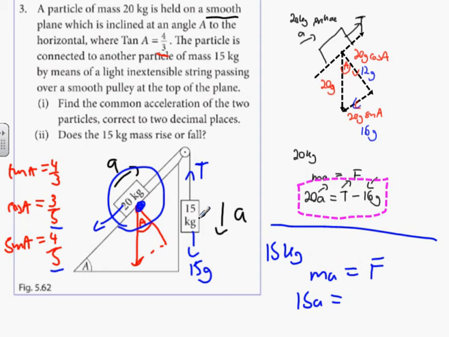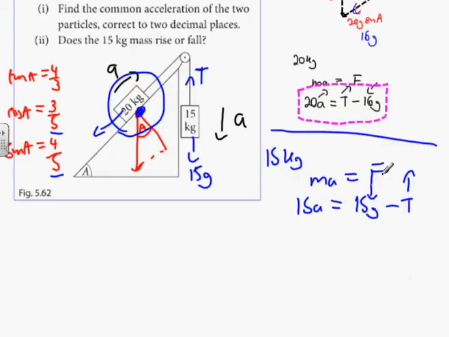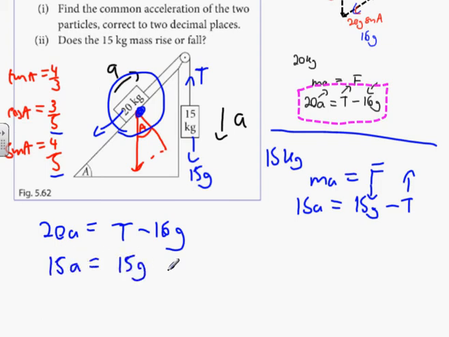Its F is going downwards, so it's 15g going downwards minus T going upwards. Okay, so now we have our two equations. You have 20a equals T minus 16g, and we have 15a equals 15g minus T.